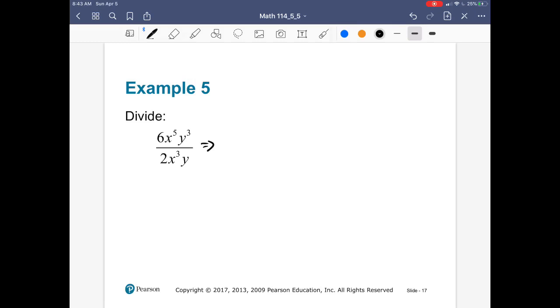So let's see how this one goes. So we have 2 times 3, x to the 5 minus 3, y cubed minus 1 over 2. I just separated the 6 into 2 times 3. We have a base of x on both top and bottom, so the exponents will subtract, so 5 minus 3.